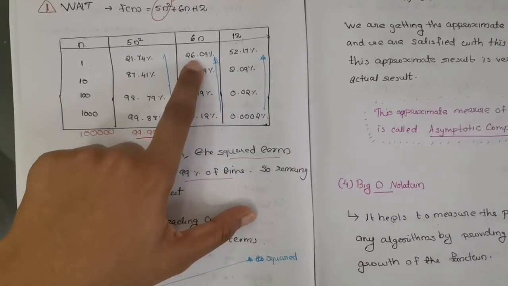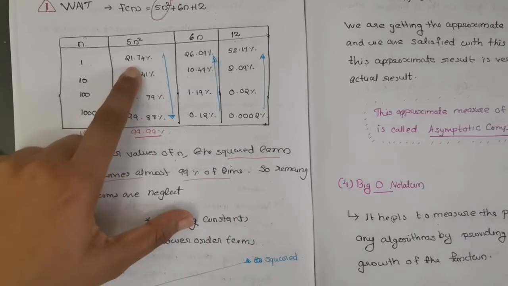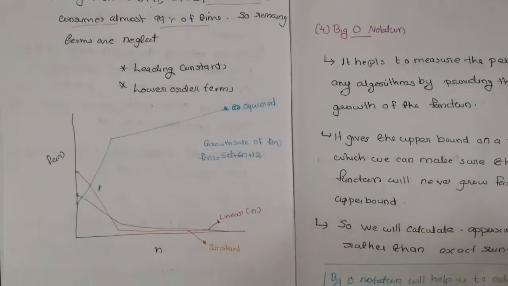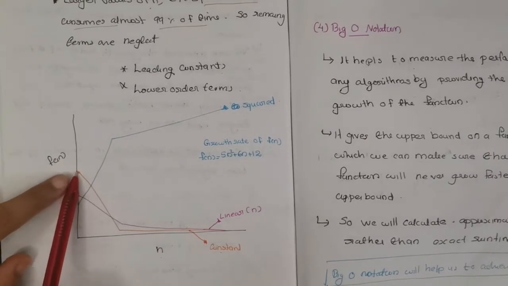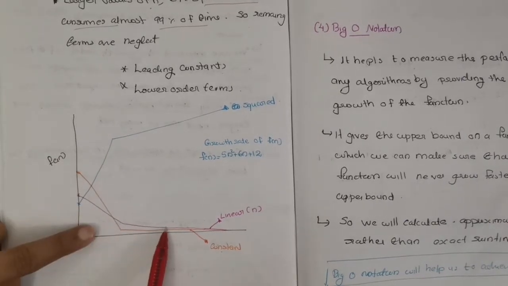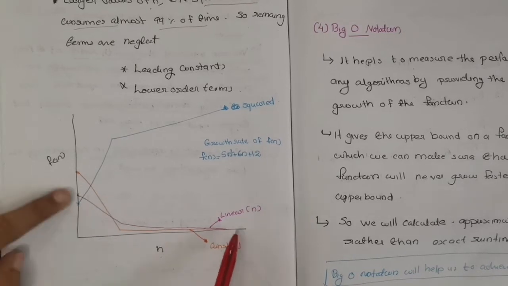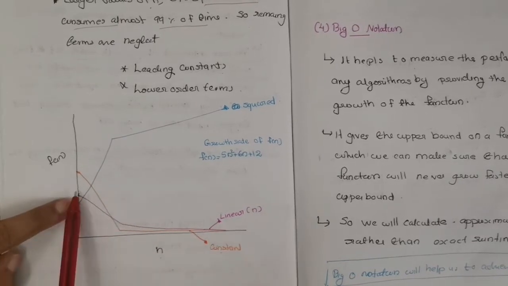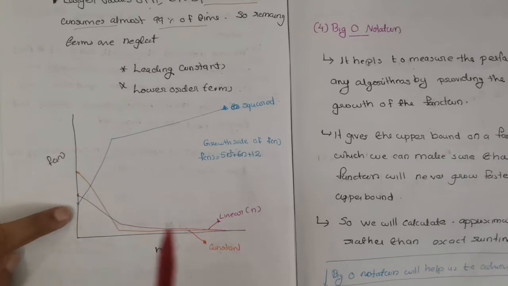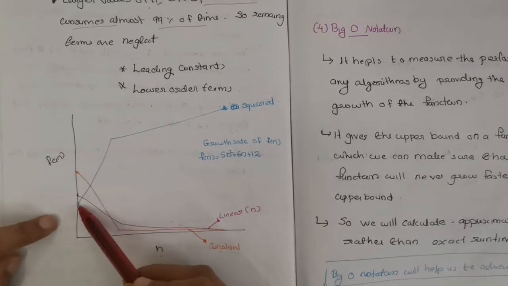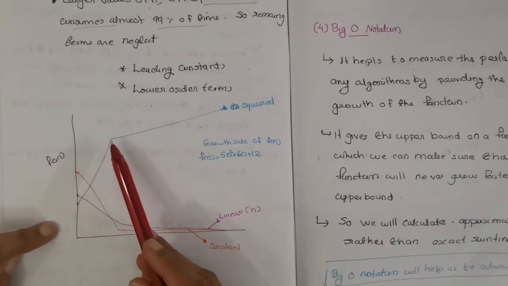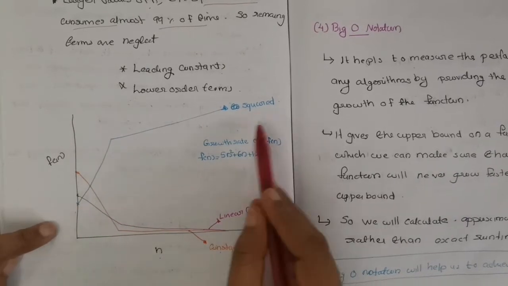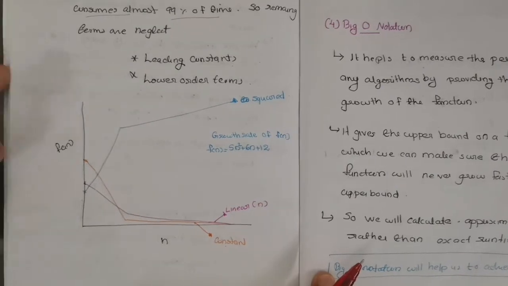The other also takes time, but it is lesser. But as the number of inputs increases, that will change. Initially the constant is a high value, but it reduces. The linear term also reduces. But the n square value increases faster. It starts lower, but it increases depending upon the number of inputs, the squared. So this is what happens.